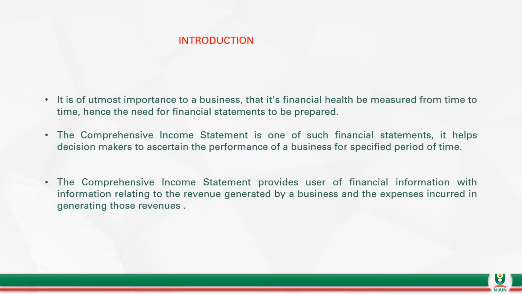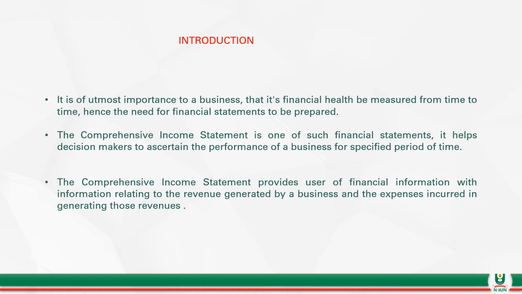By way of introduction, it is of utmost importance to a business that its financial health is measured from time to time. Hence, the need for financial statements to be prepared to be able to ascertain the true health and true position of the organization. A comprehensive income statement, or statement of comprehensive income, as it is called today, is one of such financial statements.